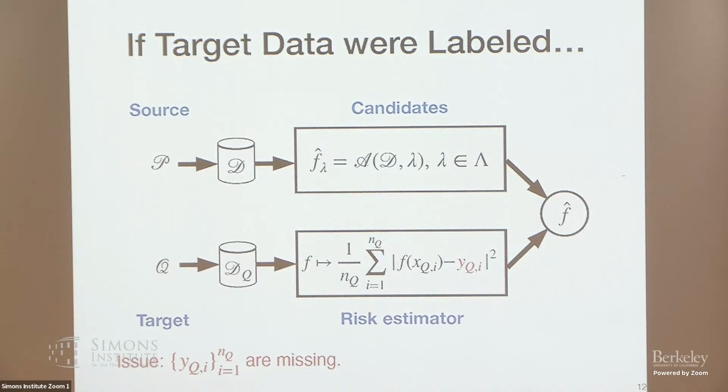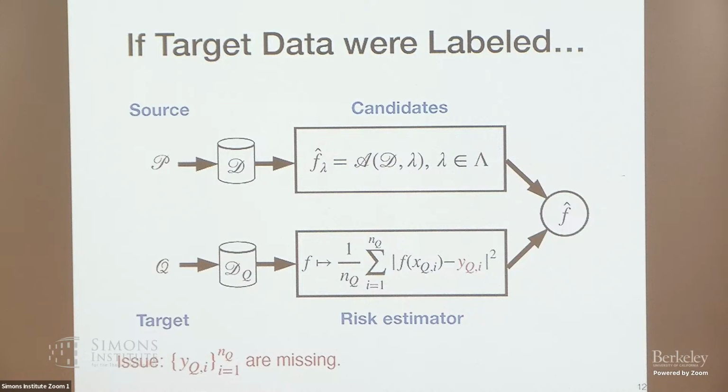And we also have label data from the target. Then we can continue to use the holdout validation idea. Because we have label data from target, then I just evaluate those candidates using the empirical loss on the target, right? But this whole thing doesn't work because your target labels are missing.